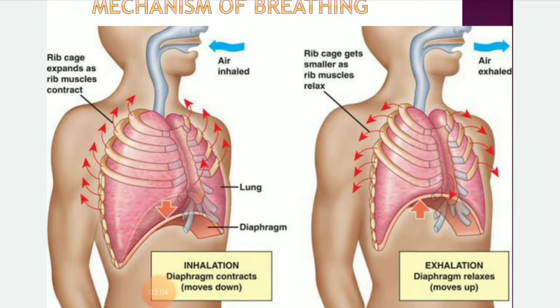Now we are going to start with the first part, that is called breathing. Already we have discussed breathing is a physical process which involves two parts: inspiration or inhalation, and expiration or exhalation. Now in this process, the parts of the body involved are first the thoracic cage, then the ribs, then the sternum, and intercostal muscles. What are intercostal muscles?